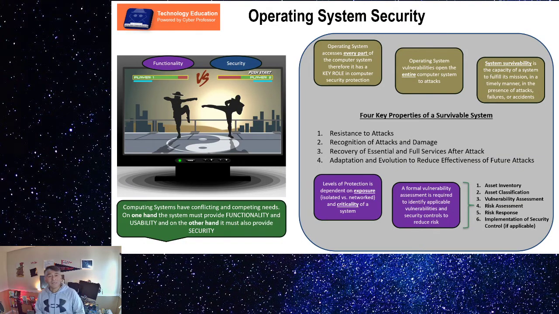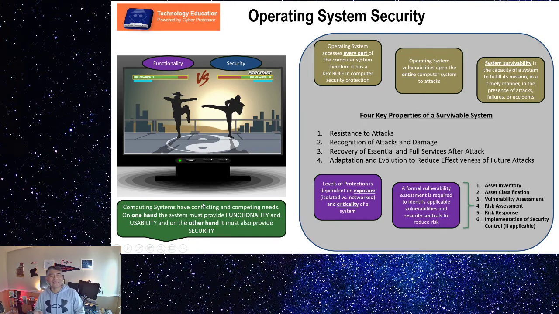Now we specifically get into the security of the operating system. One of the major challenges that technology professionals have is finding a healthy balance between functionality and security. It is typically seen as the battle between functionality versus security.